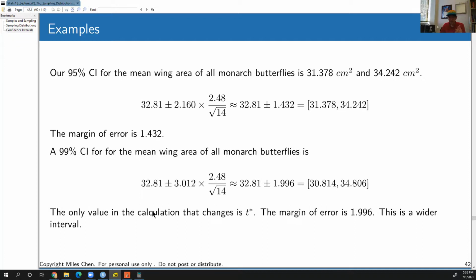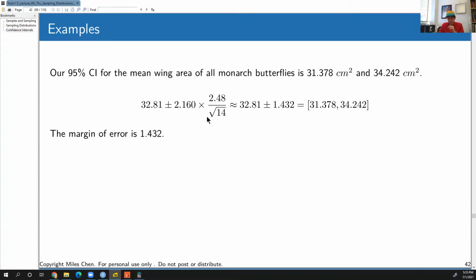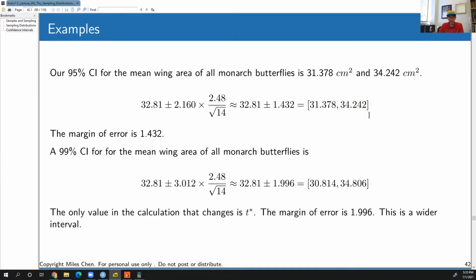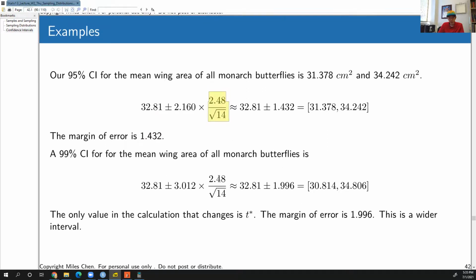Okay, let's take a look at these examples here. When we made a 95% confidence interval, the resulting interval is 31.378 to 34.242. Let's say I took the same exact data and made a 99% confidence interval. With the same exact data, my Y bar is exactly the same, and my S and square root of N are exactly the same.